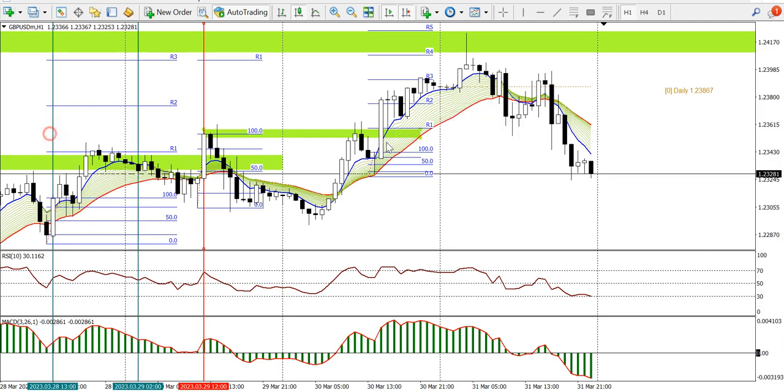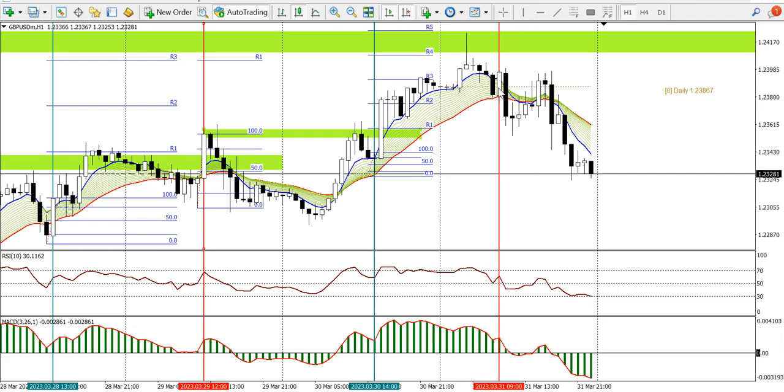And actually, this is the only possible GBP trade in the previous week. This would be the only profitable trade here last week. Another losing trade would be here. It was an obvious trade.